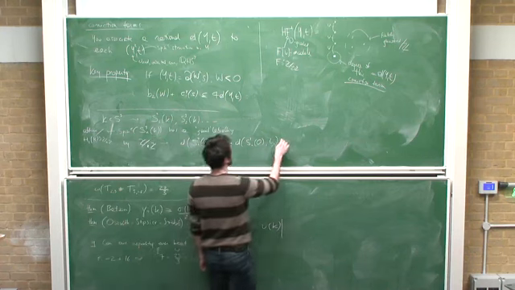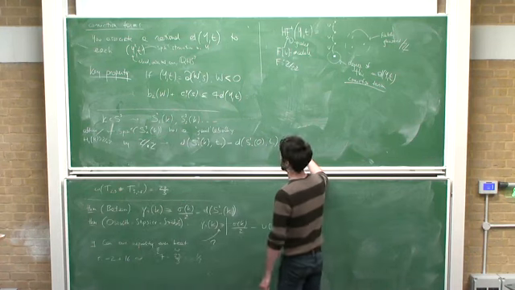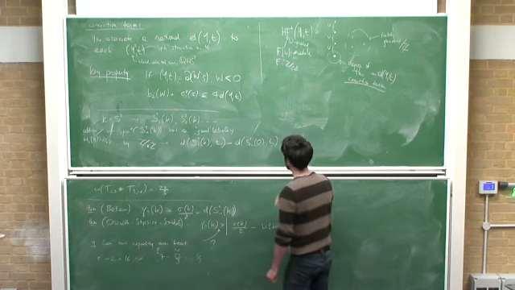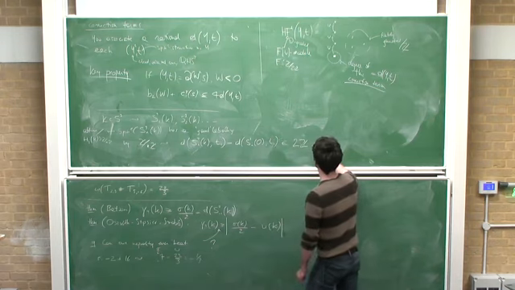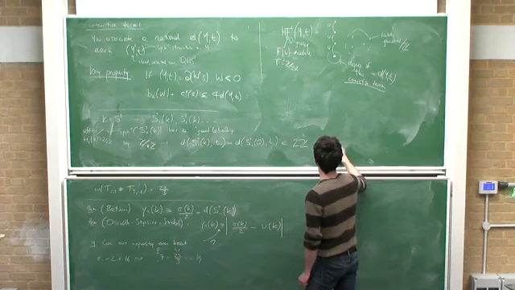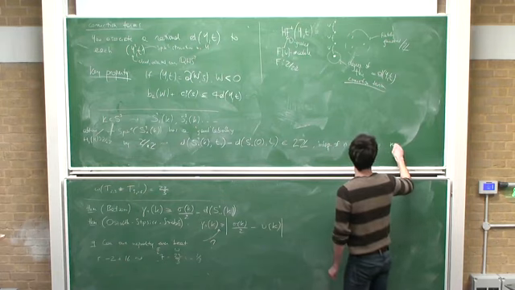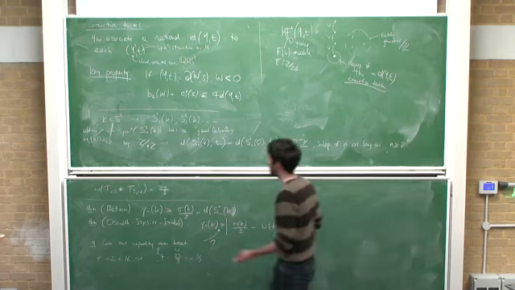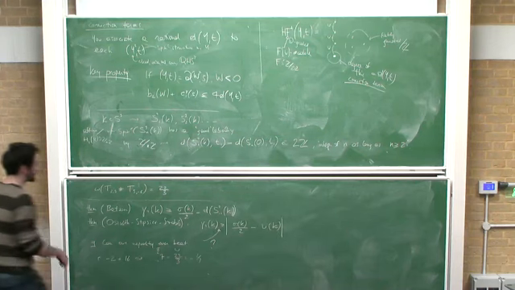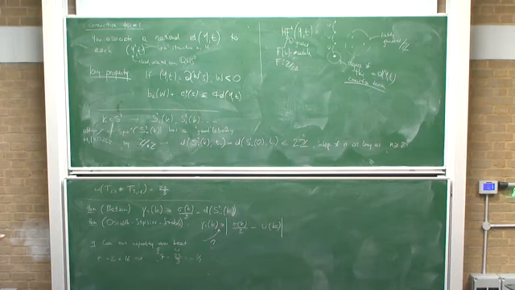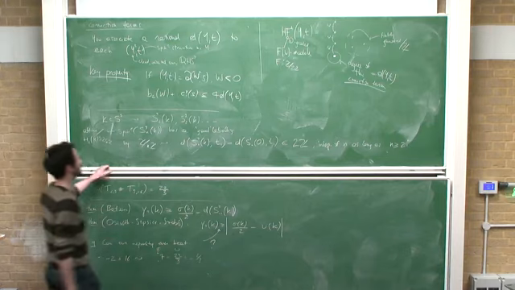And this thing turns out to be an even integer. And this is independent of n, as long as n is at least 2g. So it's an invariant of K and i.